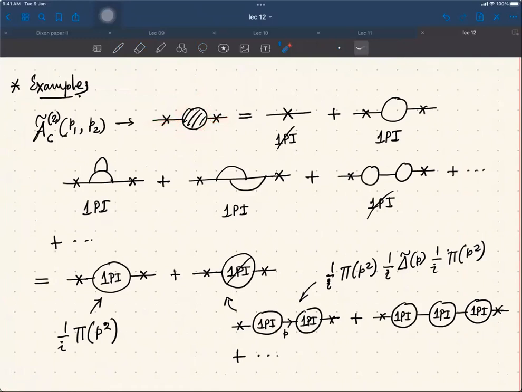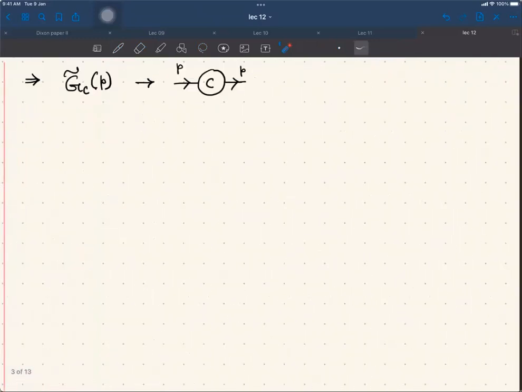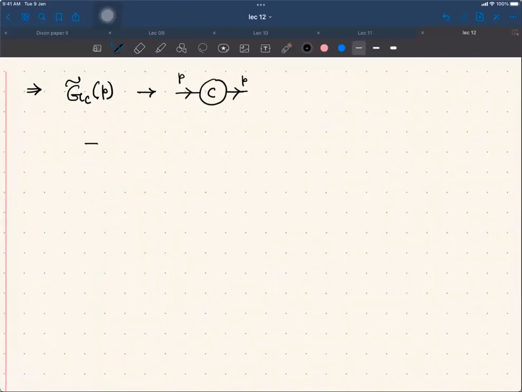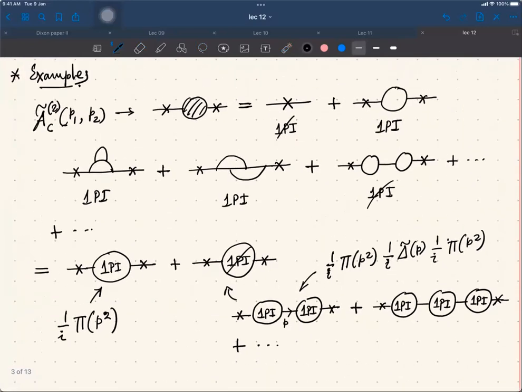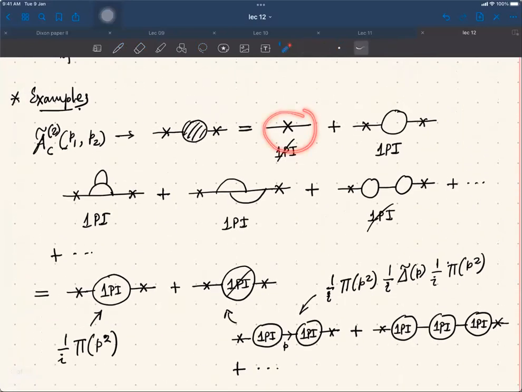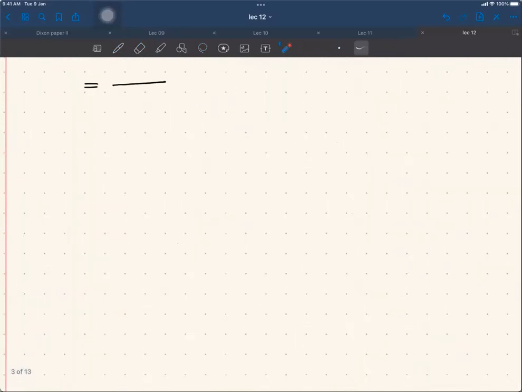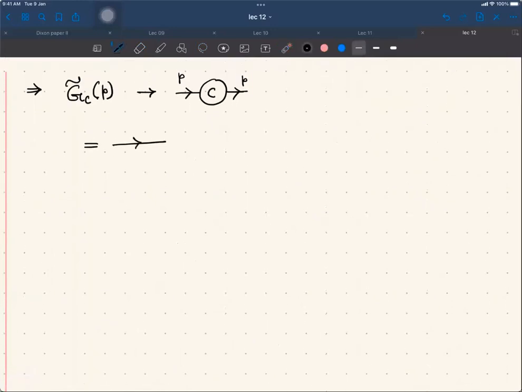Therefore, this diagram should correspond to the following series. The first one in this, which was this line that was amputated, now will have a propagator because I'm connecting the external legs. So the same series that I was drawing earlier, but now with the external legs.